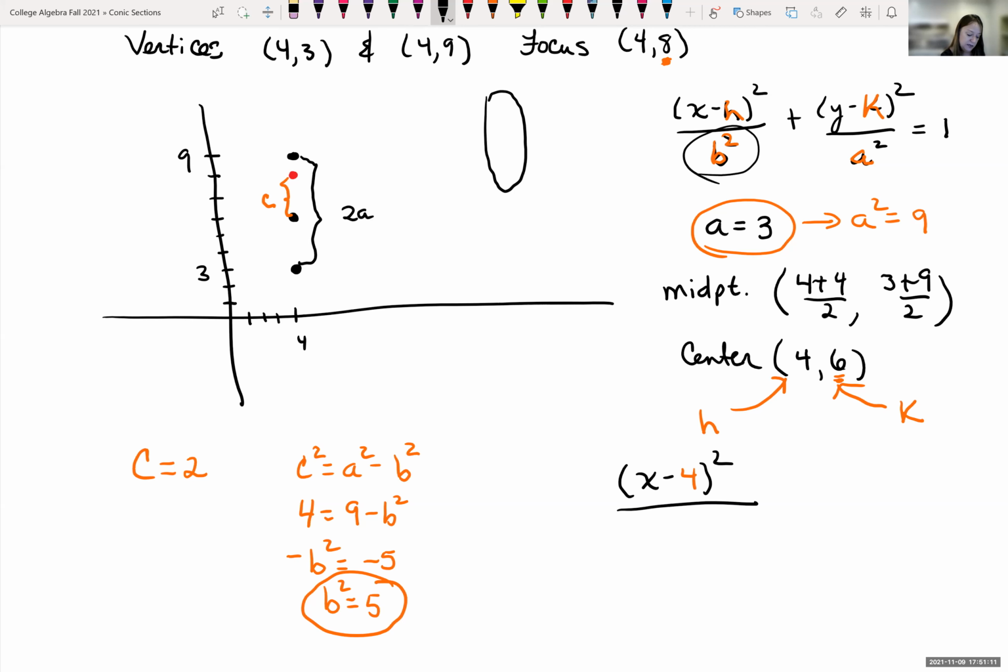So b is under here. So this would be a 5 underneath the x's, plus y minus k, so y minus 6 quantity squared, all over the larger number, a squared, which is 9, equals 1.